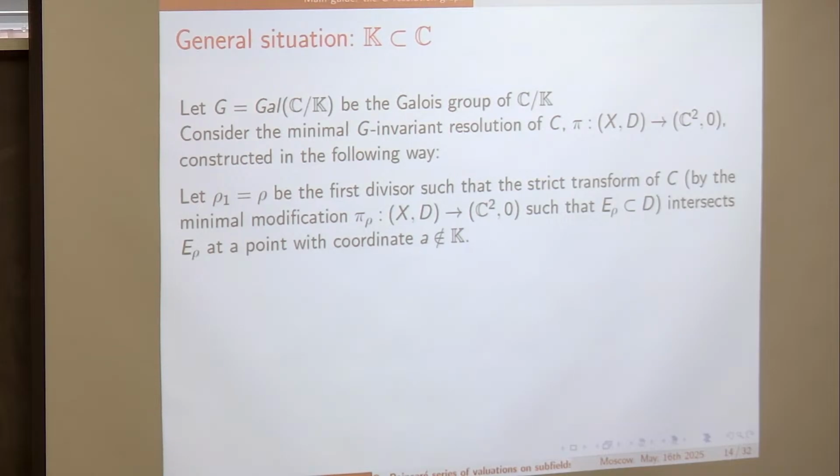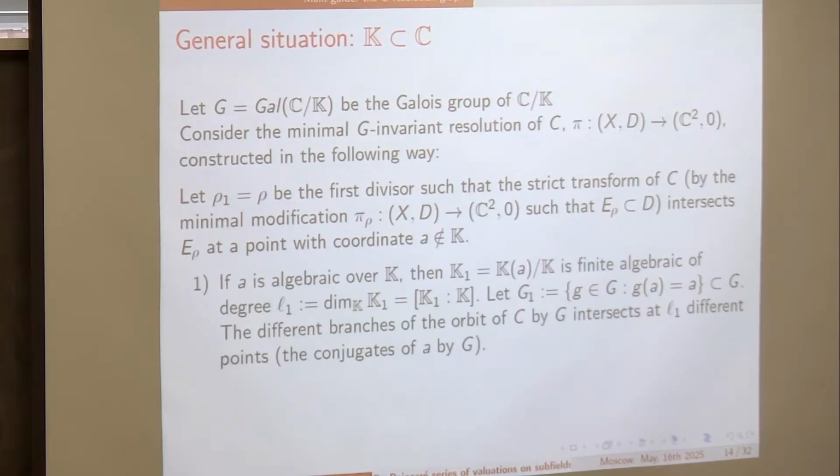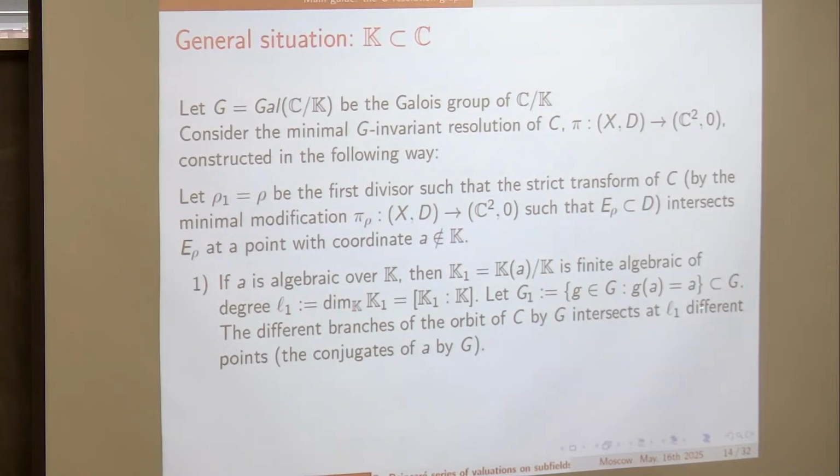Okay? So in this case, we have two possibilities. The first one is that A is algebraic over K. Then you have this field K1, which is K(A), a finite algebraic extension of K. You also have the group G1, which is the subgroup of G that leaves A invariant.